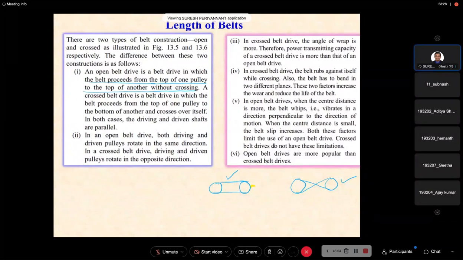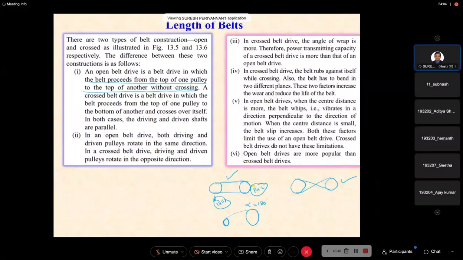Okay, now any other things I'm missing here? Now, the angle of wrap. See here, when I consider pulley 1 and pulley 2, both of the same size, your angle of wrap is going to be 180 degrees. Suppose, and this is a very important concept, one pulley is a smaller pulley and another pulley is a bigger pulley.